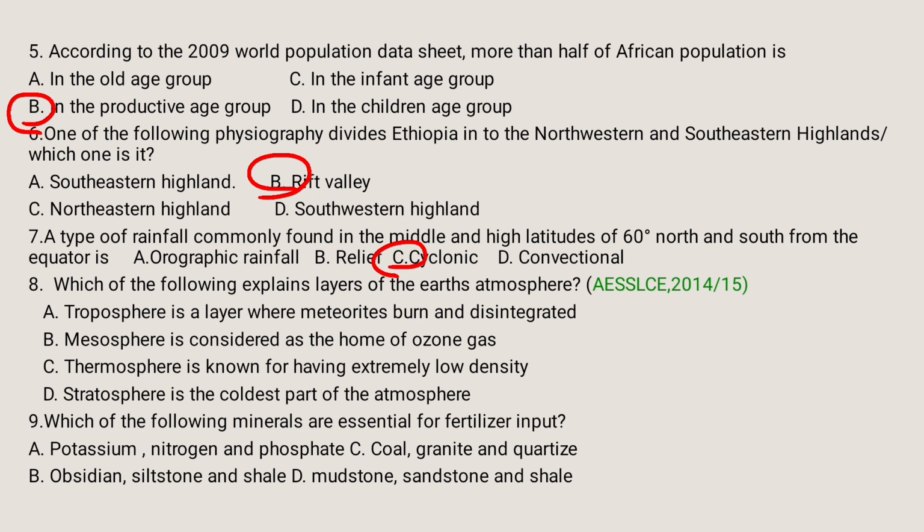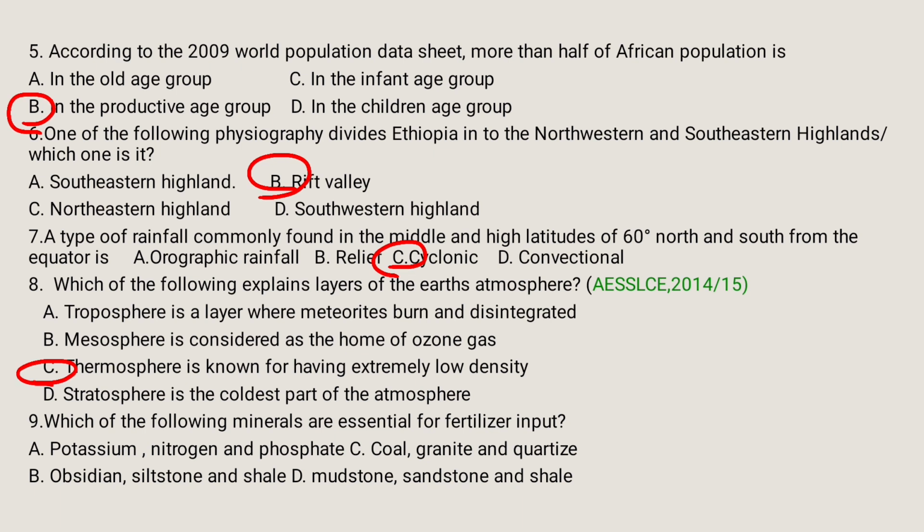C, Thermosphere is known for having extremely low density. D, Stratosphere is the coldest part of the atmosphere. So the correctly presented statement about the Earth's atmospheric layers is C.